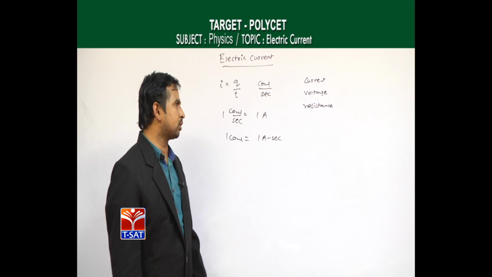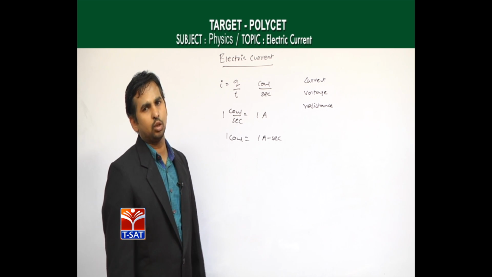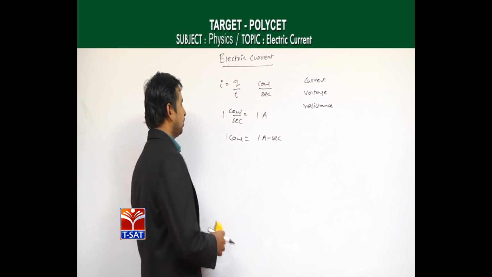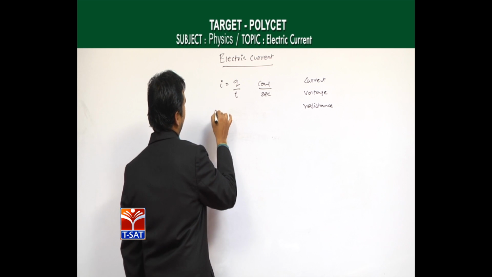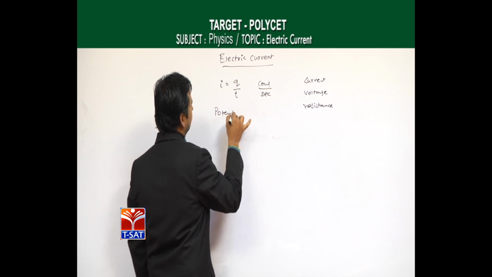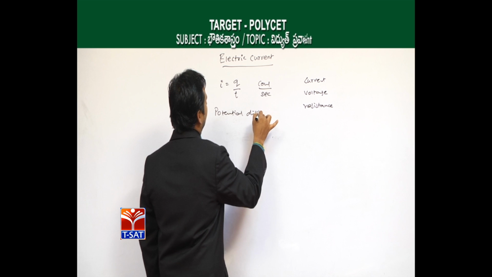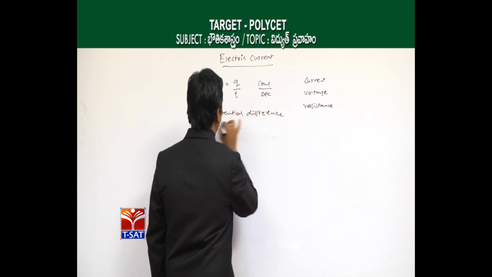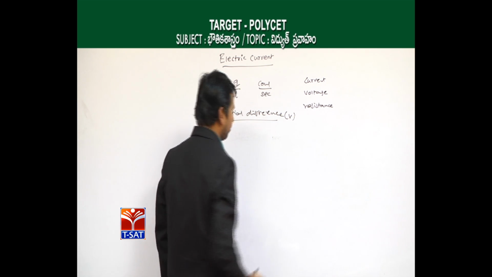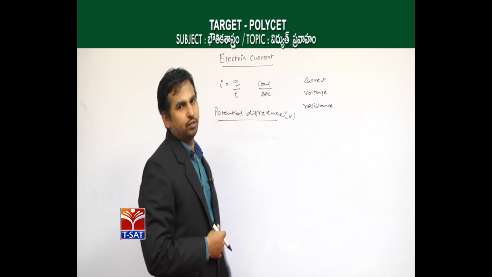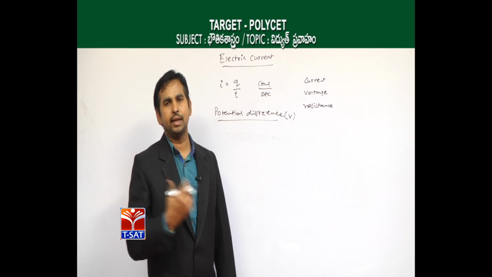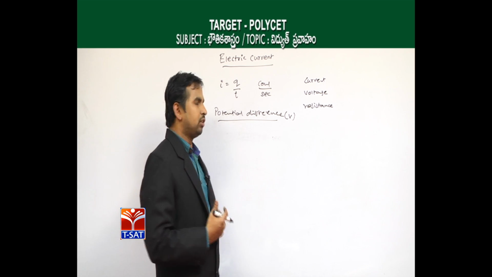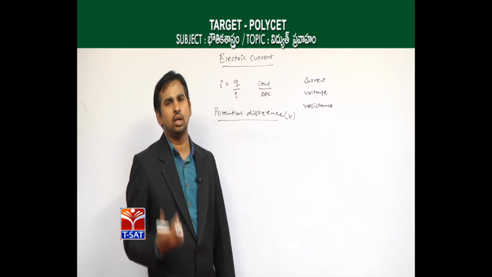Next, the case of voltage. Voltage is also called the potential difference. It is represented with V, and it is the work done by the battery, or the power source, or the electrical energy, on the unit charge.